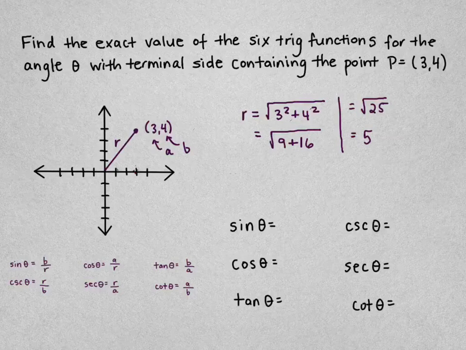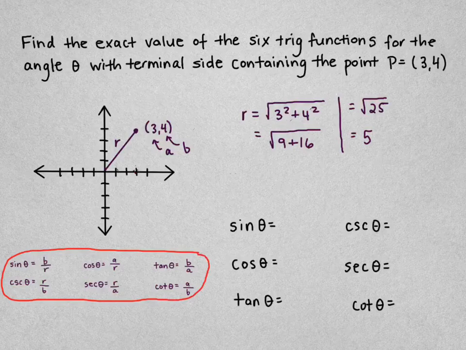So I'm using all of my trig ratios over here. Okay, it looks like using the highlighter I can't see them as well, so I will just circle them with red. So I want to use all of the trig ratios we just found in the last slide to fill out the information for this angle theta here.